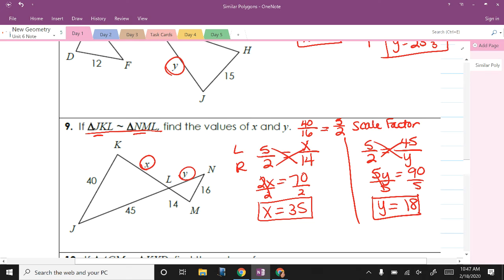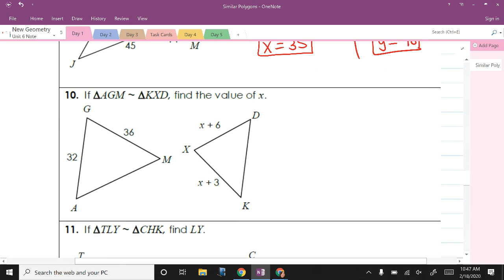You can check and see if 45 over 18 reduces to 5 over 2. They do. They're both divisible by 9, right? And you can check to see if 35 over 14 both reduce down to 5 over 2. And they do if you divide by 7, right? So that's a pretty smart thing for you to do, is check your proportions with your scale factor when you're finished. They all should reduce down to the same scale factor.